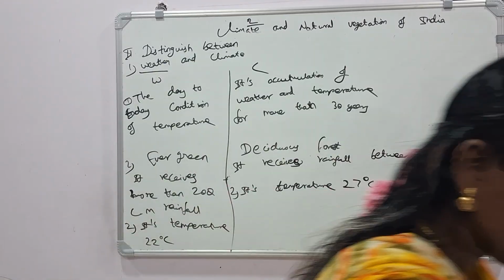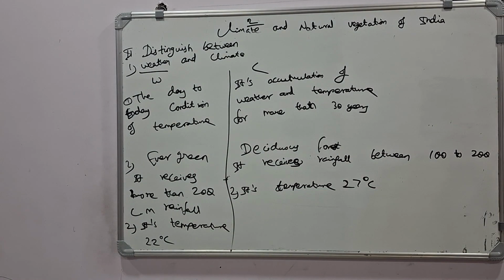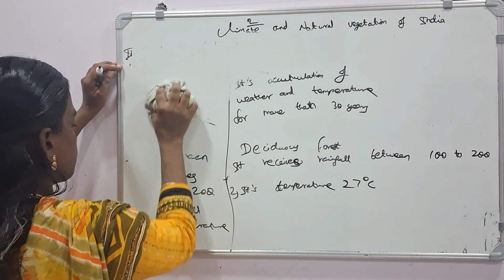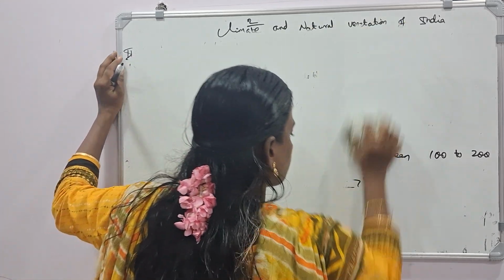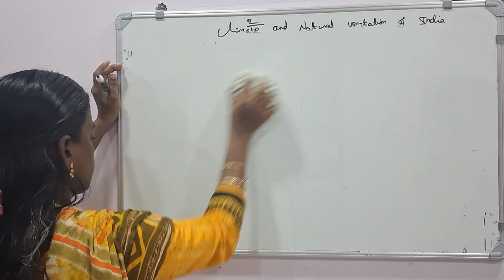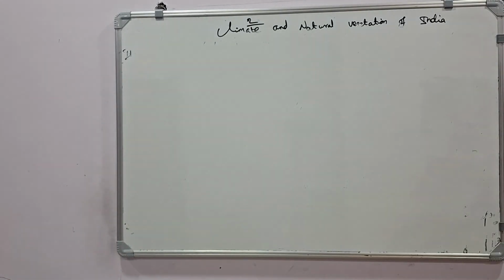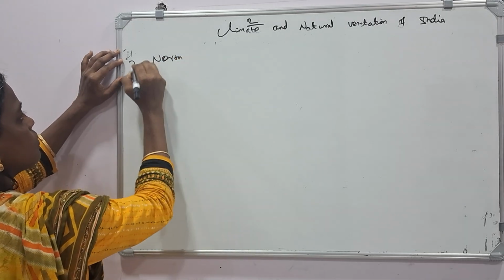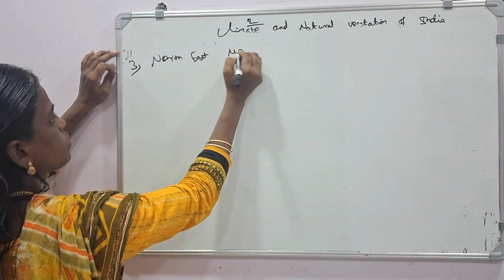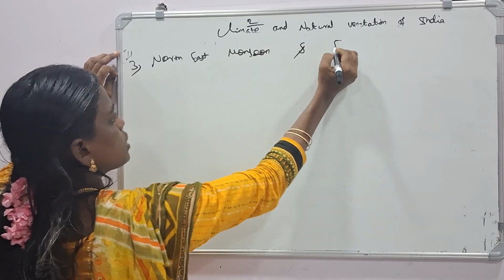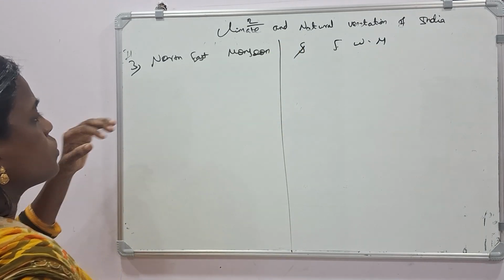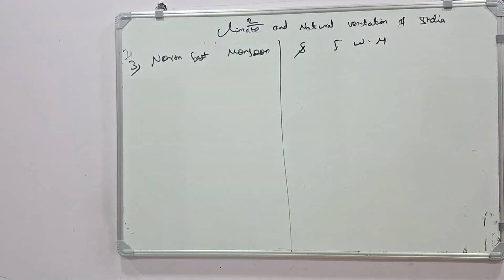Third one is northeast monsoon and southwest monsoon. First, you have to write the period.